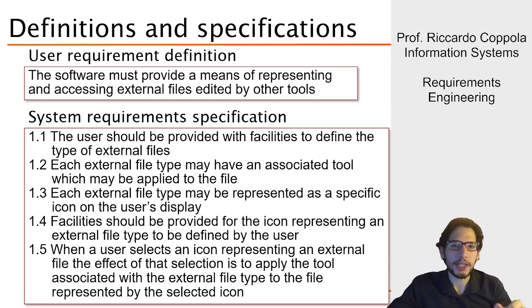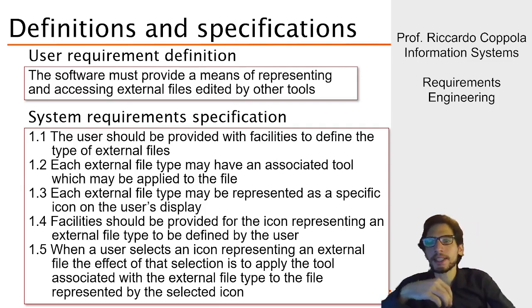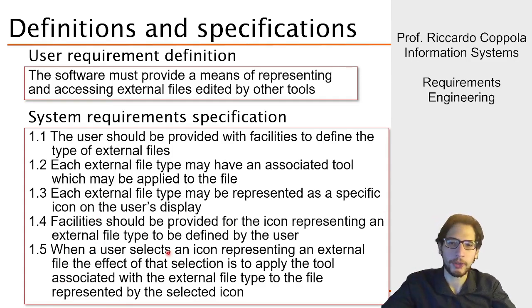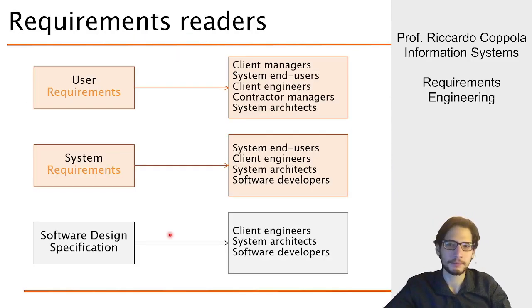Instead, these requirements translate to a lot of details that are needed by the poor people that have to implement the system. So I get to the system requirements related to the user requirement, and I see that I have a lot more detailed requirements, where I specify what the user can do with the system and what operations they can perform on external files.